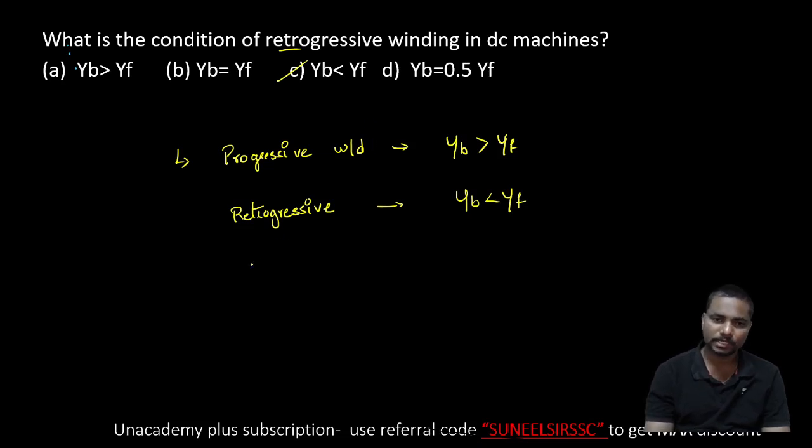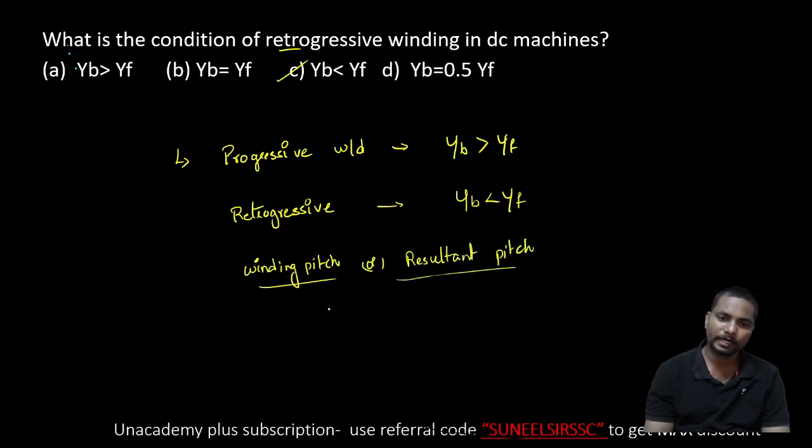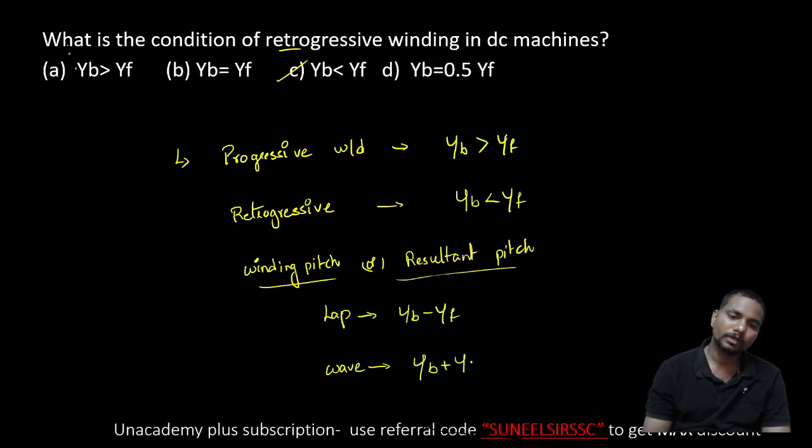If they are asking winding pitch, or also resultant pitch, it will be different for lap winding and wave winding. If it is a lap winding, it is in the backward direction, so you will get YB minus YF. If it is in the wave manner, that is continuous, so we have to add YB to YF.